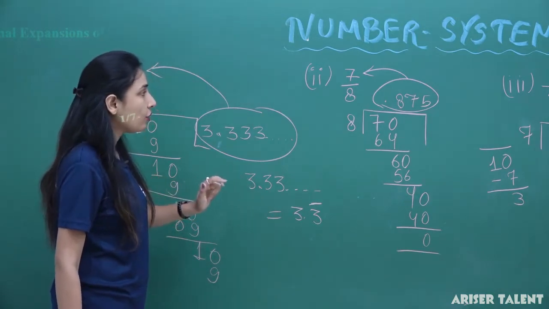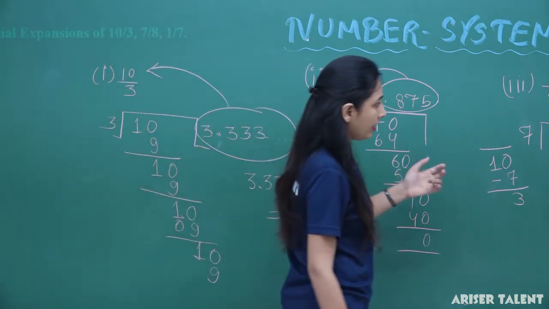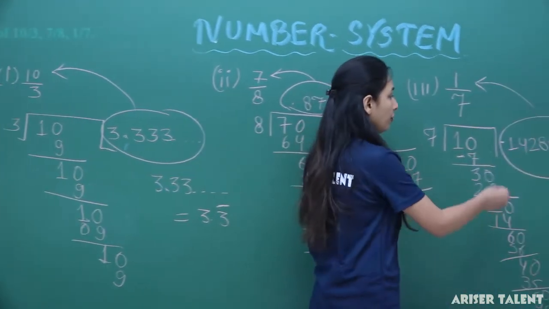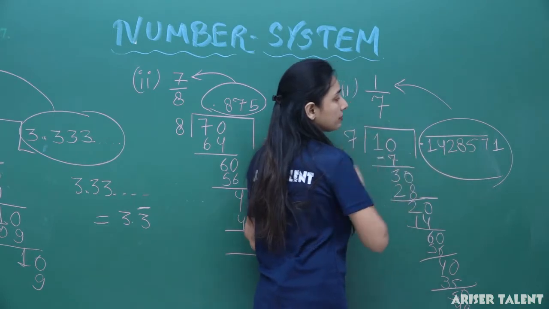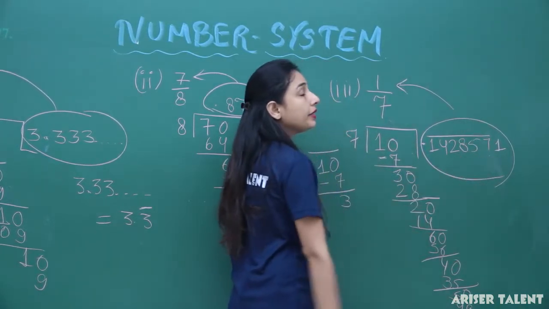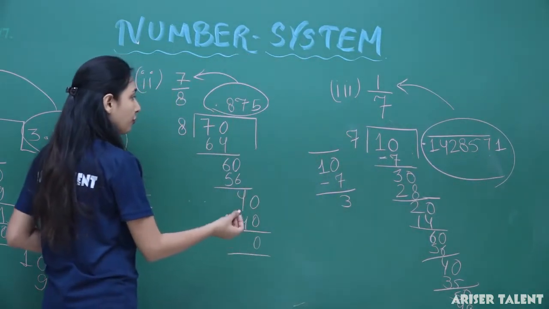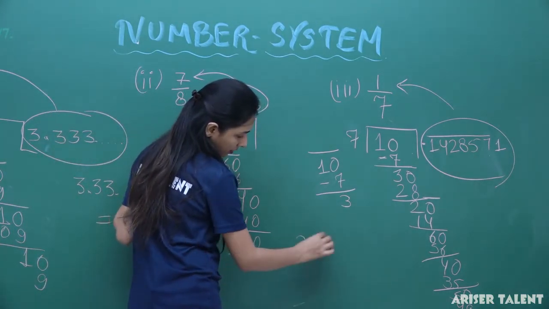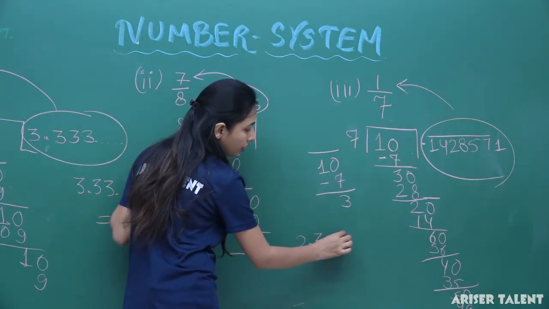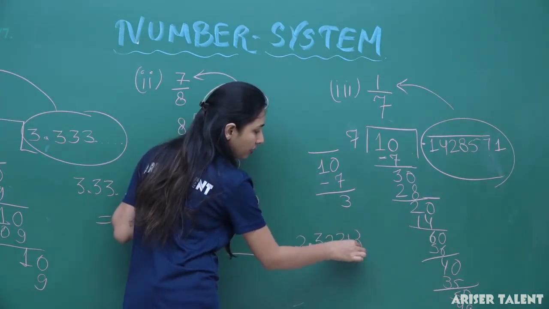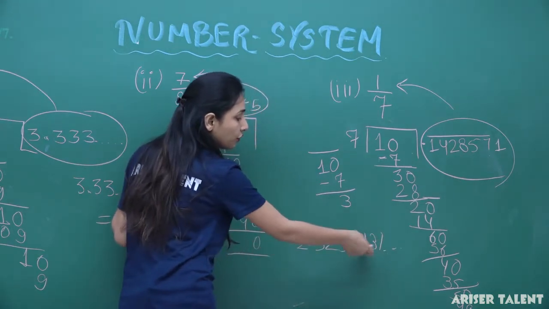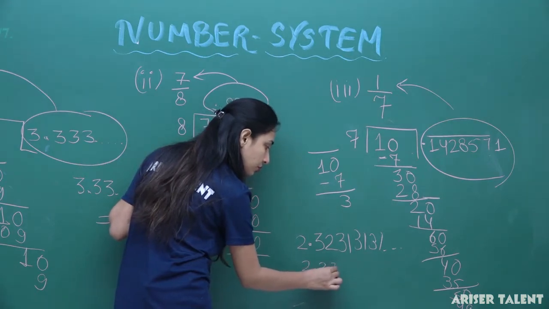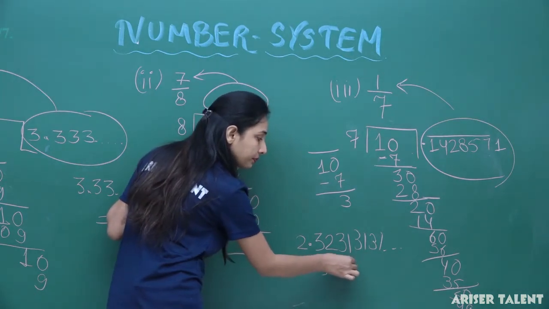Likewise here, the complete one is repeating. So, we will have a bar on this because this complete number is repeating again and again. In some case, if you have 2.3231313 and so on, and 31 is the one which is repeating, then you will write it like 2.32, 31 bar, right.